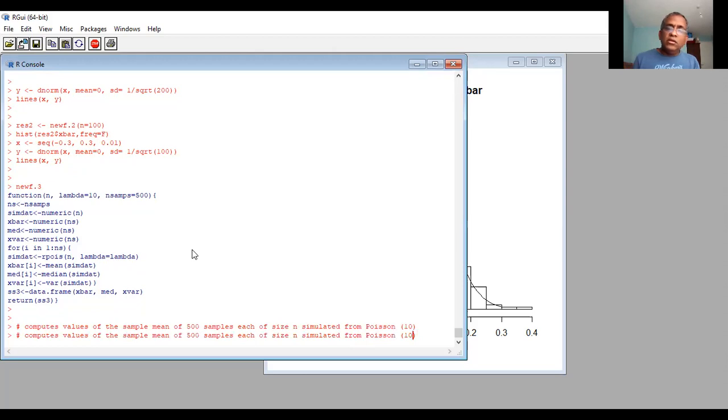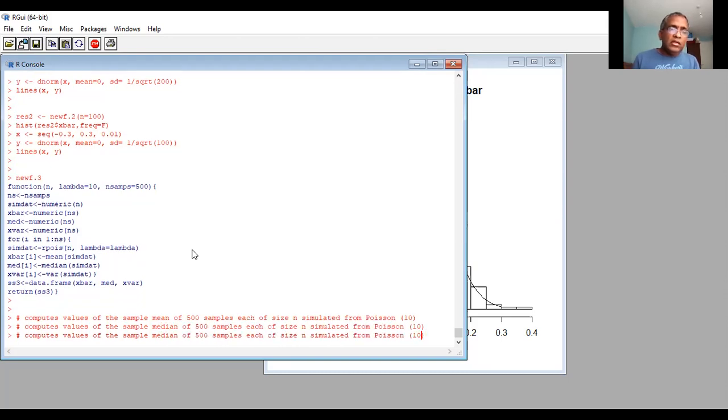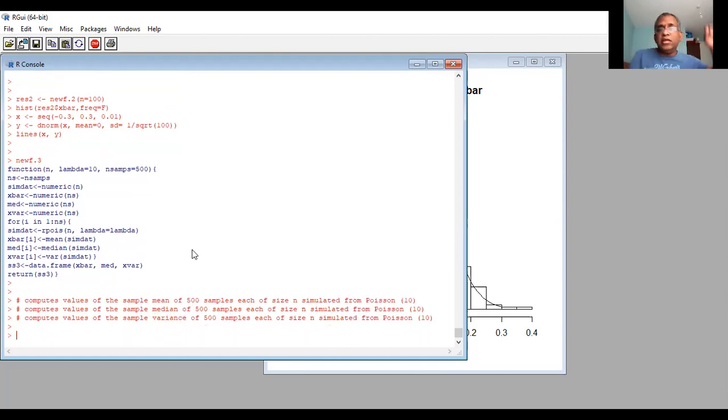It also computes the sample median for the same, and it also computes the sample variance for the same. So it computes the sample mean, the sample median and the sample variance for 500 samples, each of size n, simulated from a Poisson distribution with lambda equal to 10.